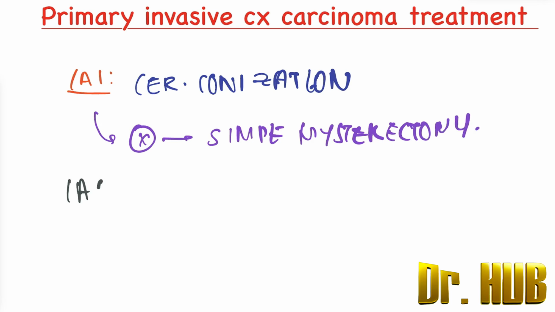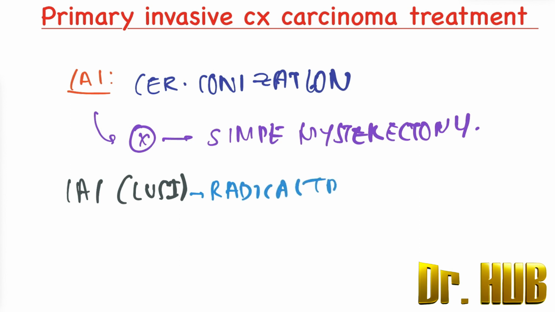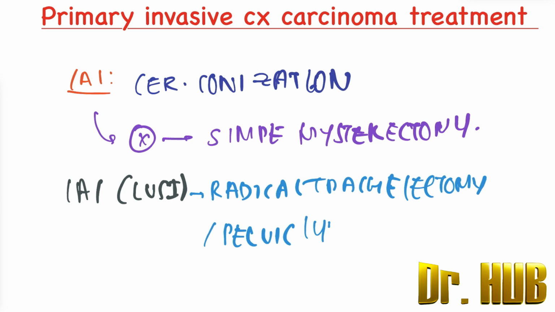Next we move on to 1A1 with LVSI. Under this, if fertility is preserved, there is a radical trachelectomy as well as a pelvic lymphadenectomy.